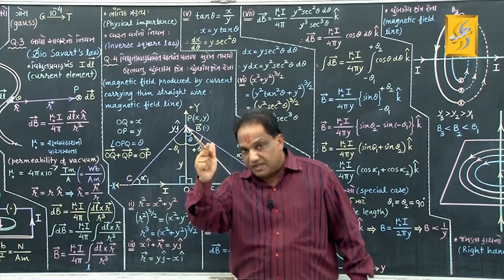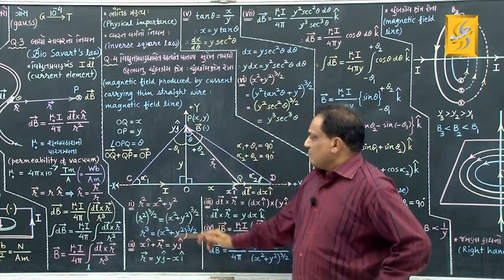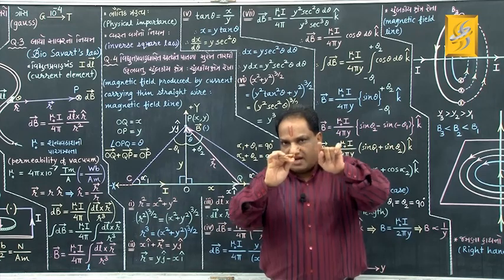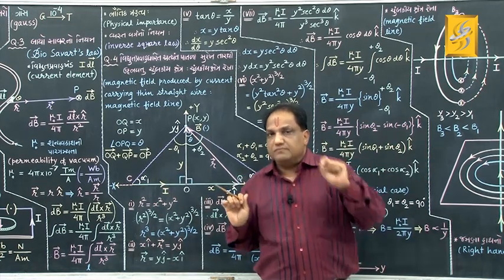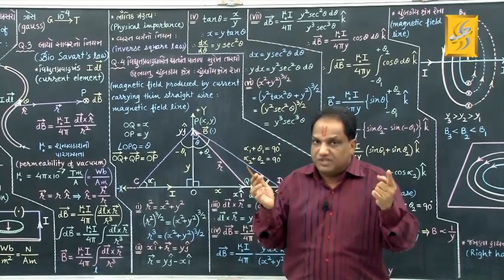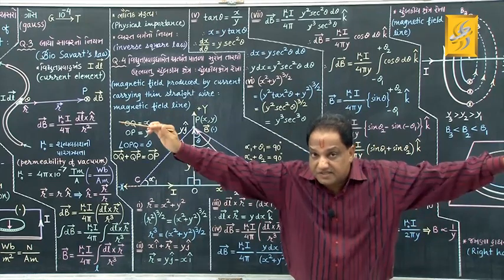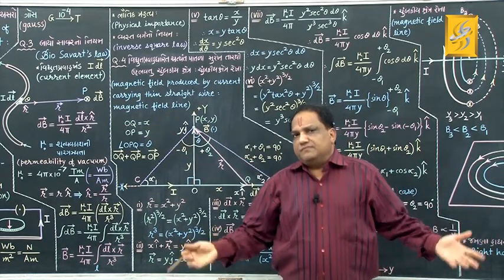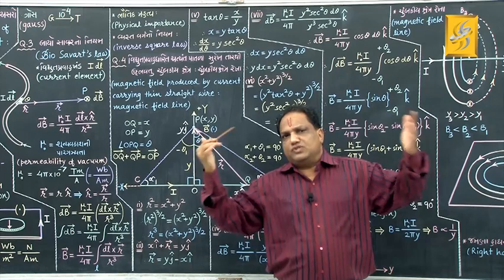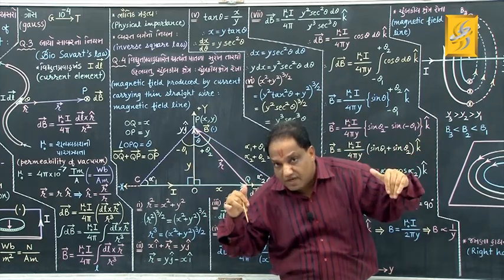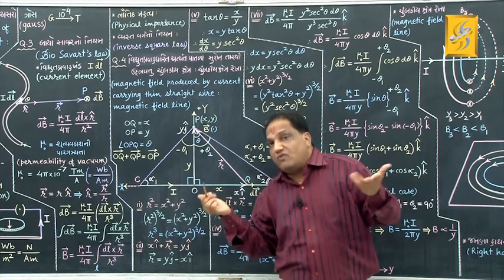Now the situation is like this. First of all, consider an infinitely long, extremely thin straight wire, which is assumed to be superposed on the x axis. But that infinite length you simply have to imagine, you cannot realize it in practice. So in the figure, what can we show?